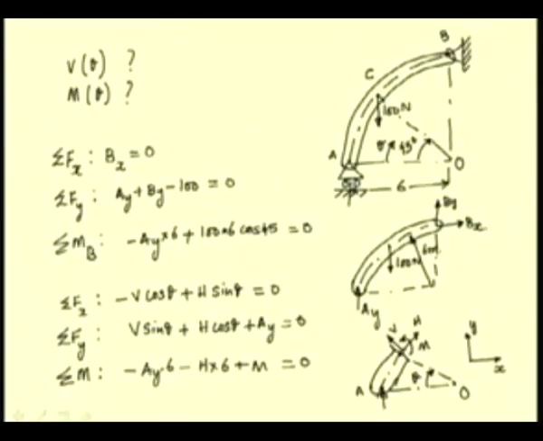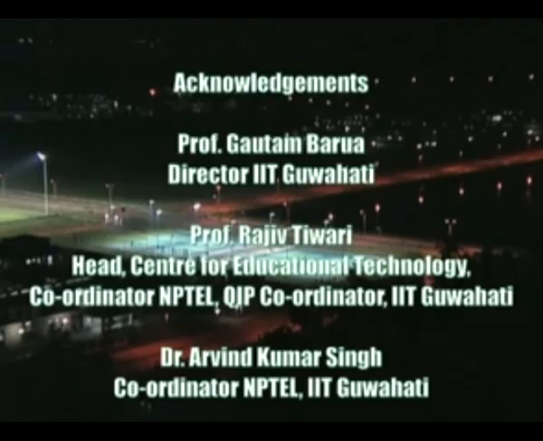And now we have the shear force, axial force and bending moment as a function of theta as we were interested in. We will continue with our discussions on determining the shear force and bending moment in beams in the next lecture.